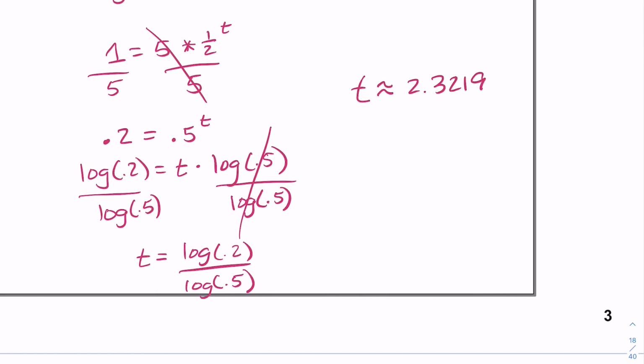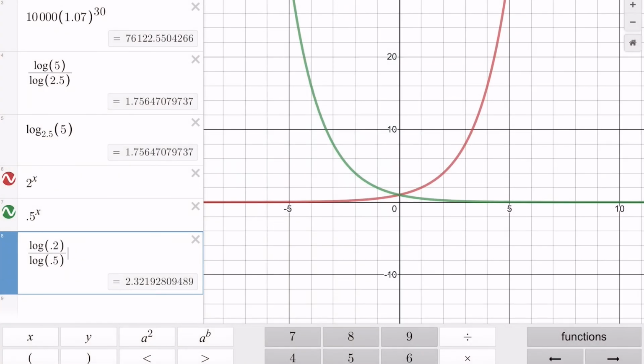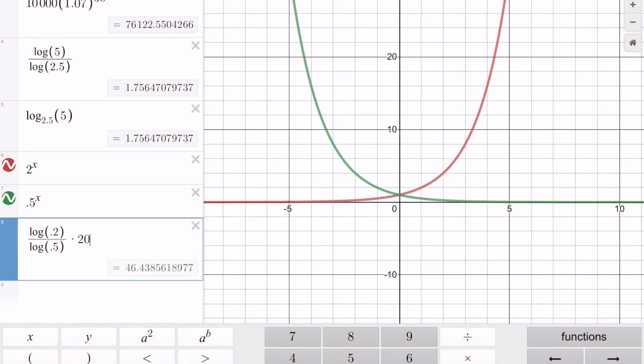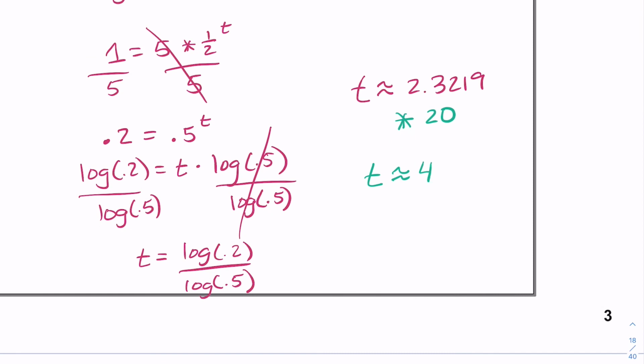Don't forget, we have to multiply this by 20. So time is how many days? 46.44 days.